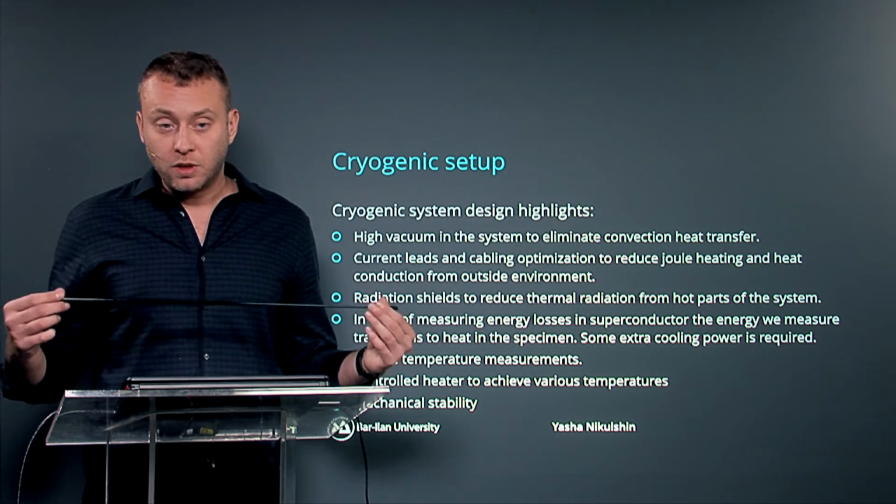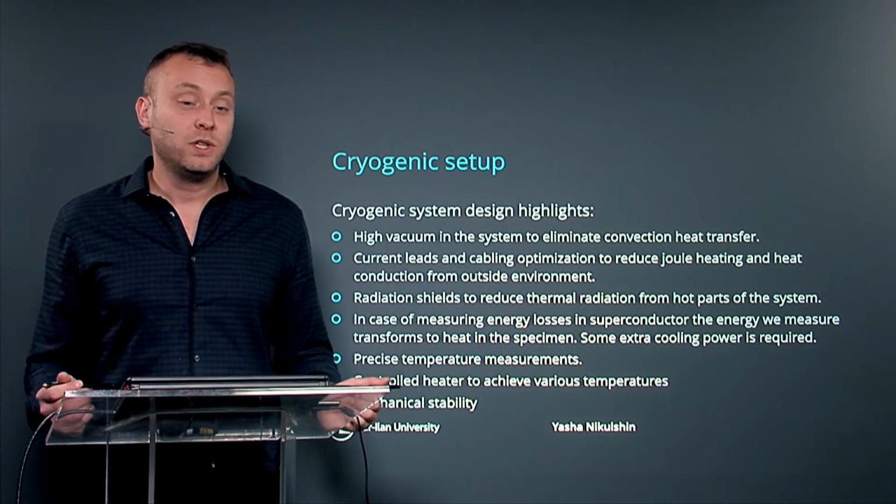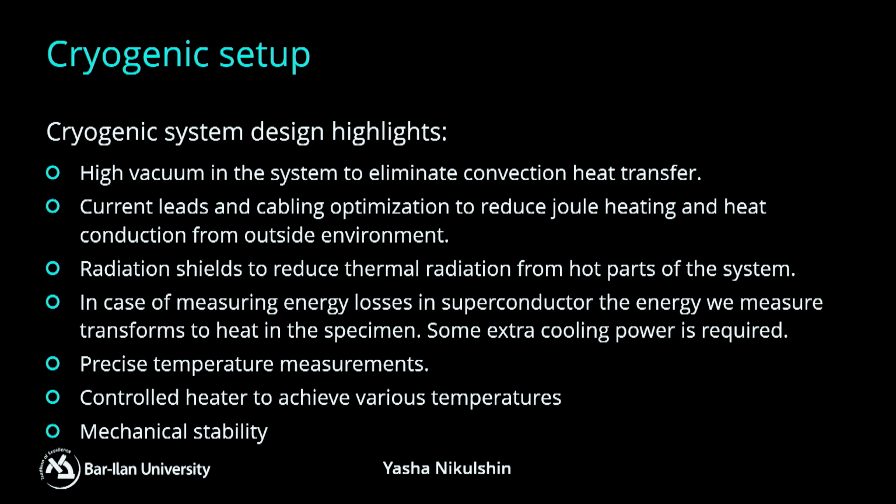So the highlights for the cryogenic system design. We need to maintain a high vacuum in the system to eliminate convection heat transfer. Current leads and cabling optimization to reduce joule heating and heat conduction from the outside environment. Radiation shields to reduce thermal radiation from hot parts of the system.